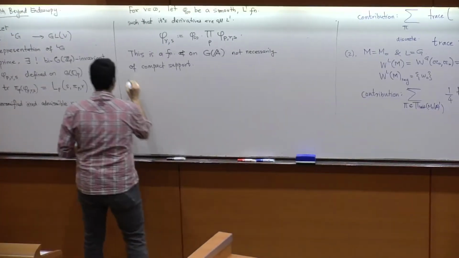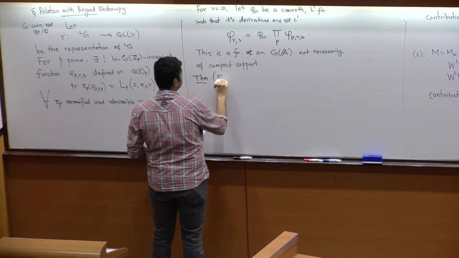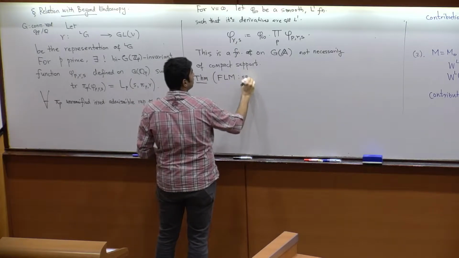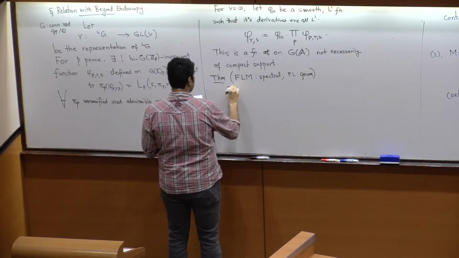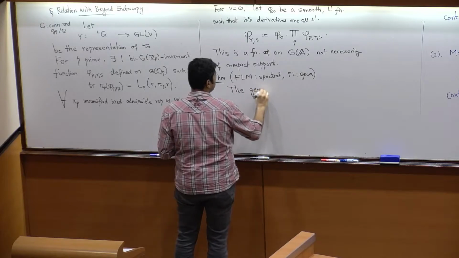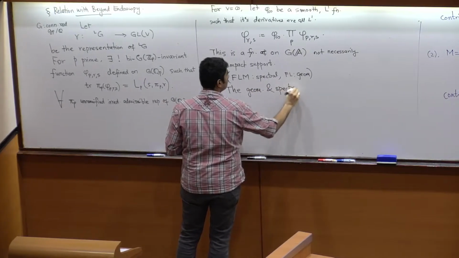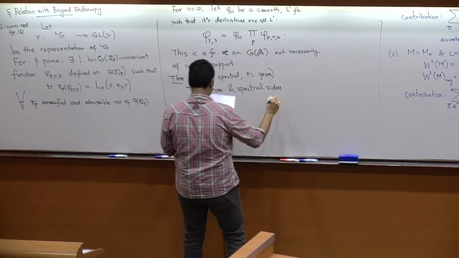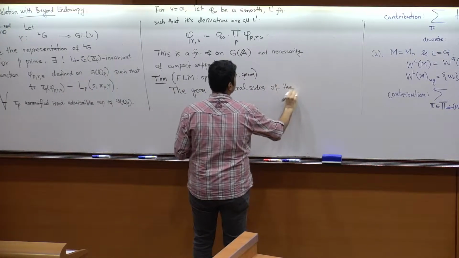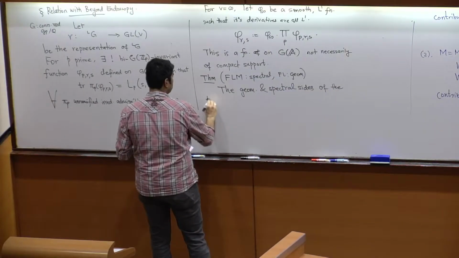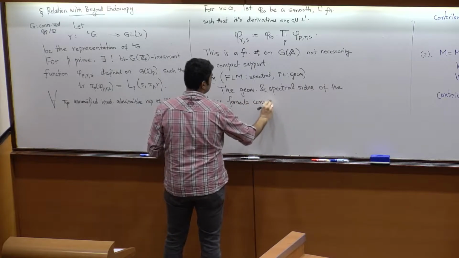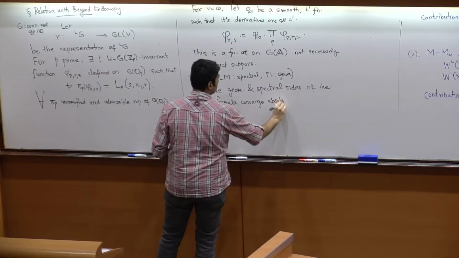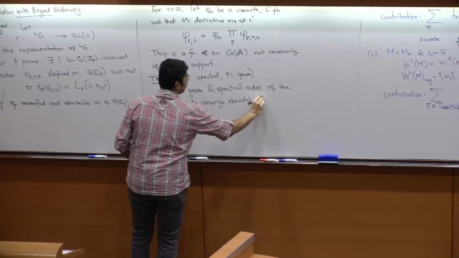The theorem, by Finis, Lapid, and Müller on the spectral side, and Finis and Lapid on the geometric side, says that the geometric and spectral sides of the trace formula converge absolutely for such test functions.